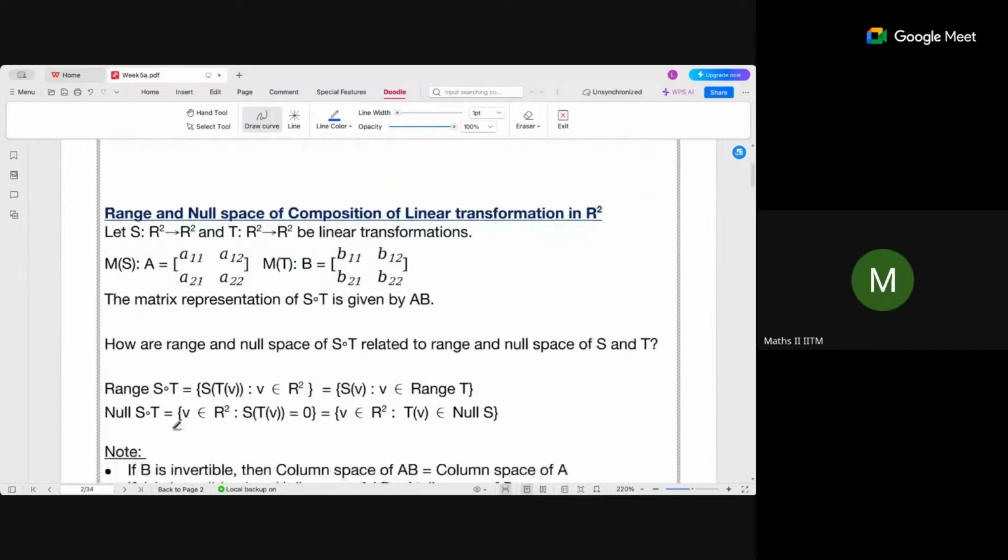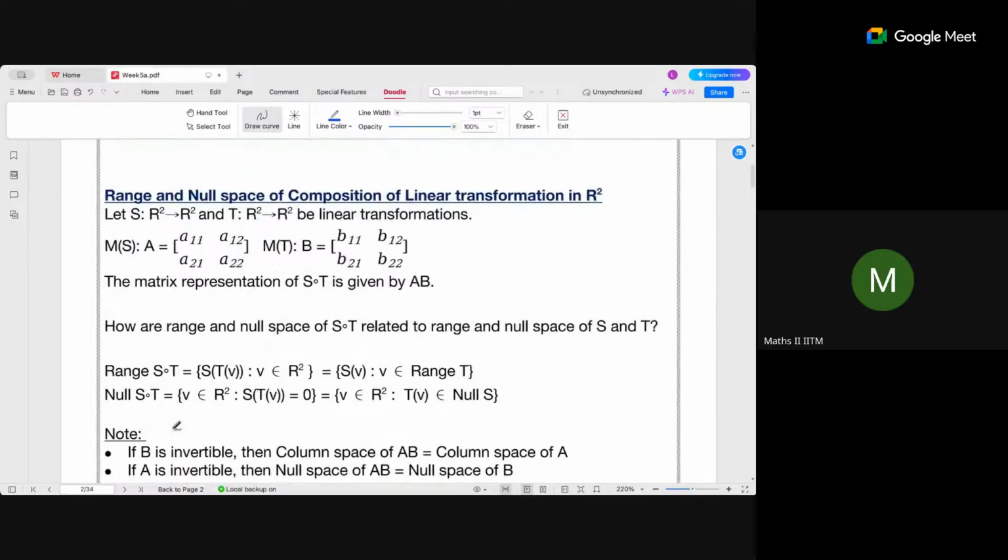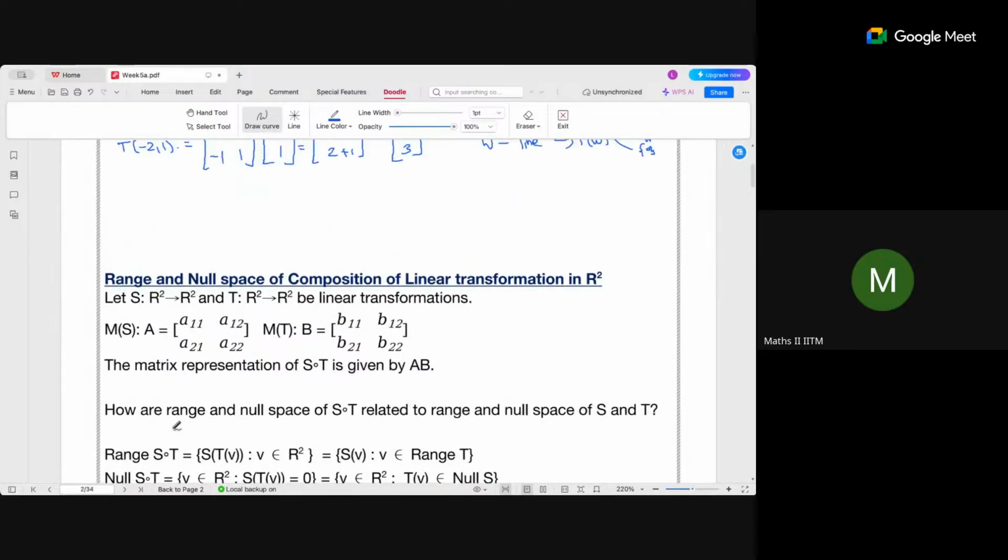Good. Now let us look at composition of linear transformations. You all already know about composition of functions. How do you do composition of functions? Let us say f of x is equal to x squared and g of x is equal to x plus 1. What is f of g of x?